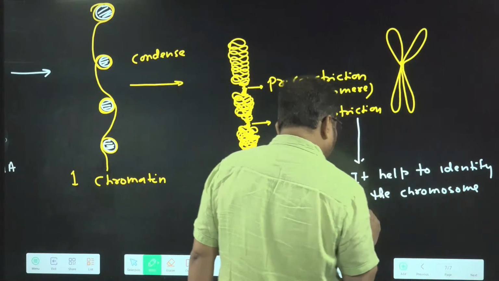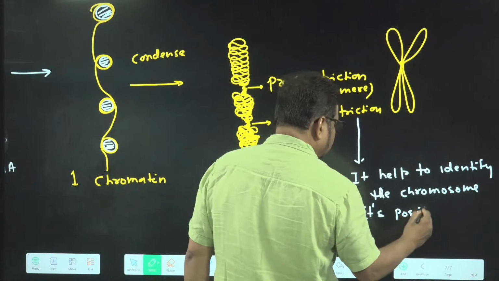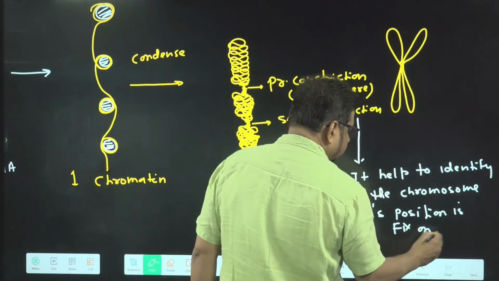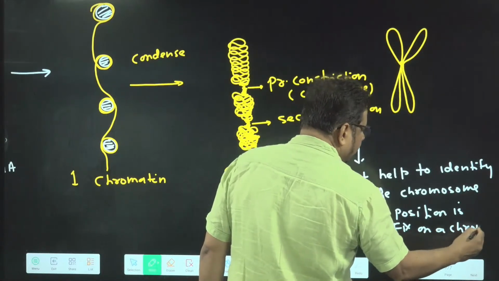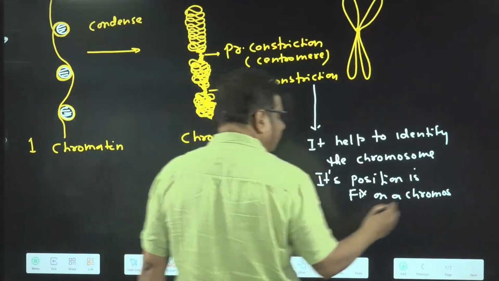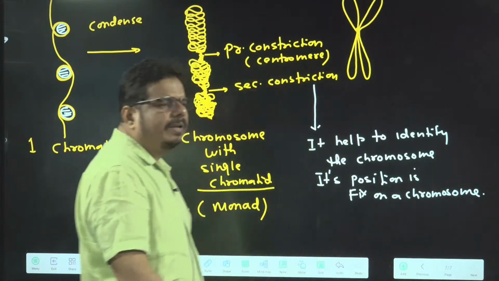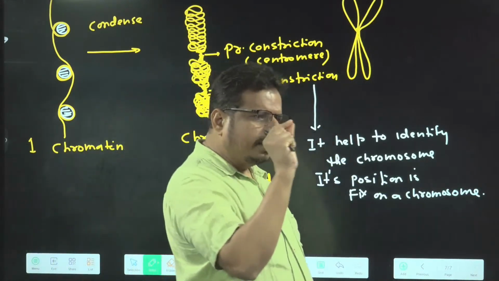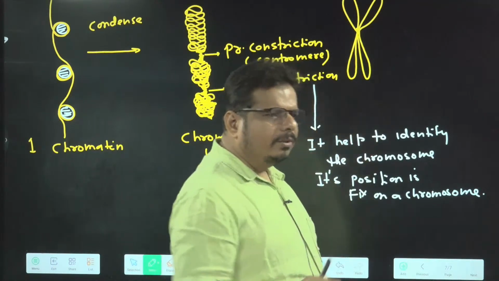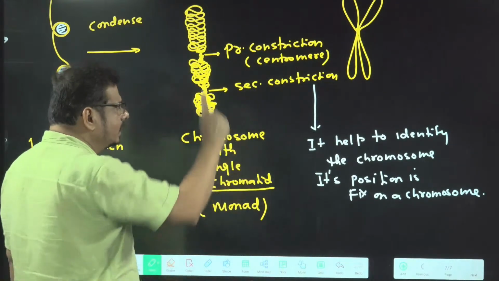Because its position is fixed on a chromosome. Suppose it is chromosome 15, so the position of the secondary constriction is at a particular point. If you find it at that point, you can say it is chromosome 15. An example.